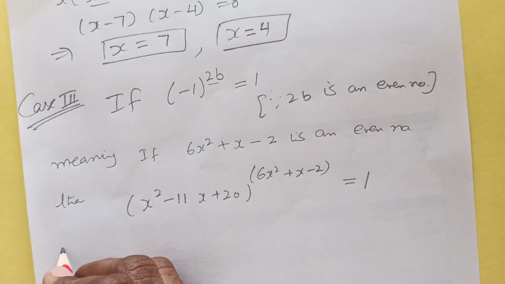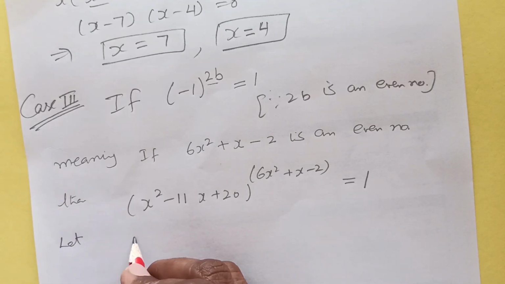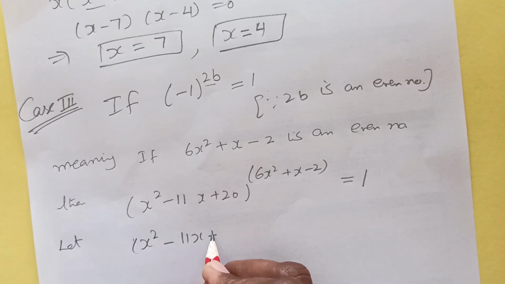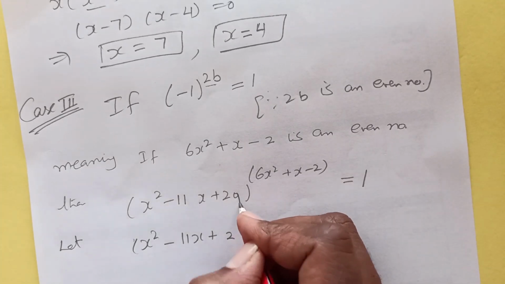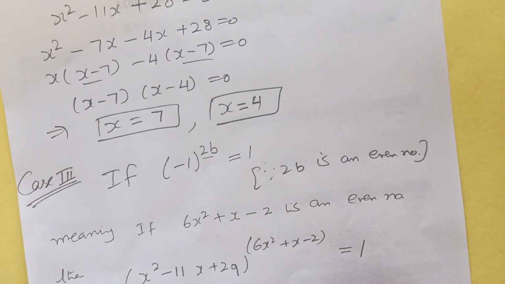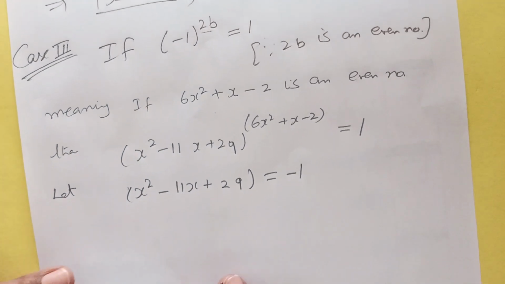Now let's say this is equal to -1. We can consider that x squared minus 11x plus 29 is equal to -1. What will happen if this is -1? -1 to the power will be, let's see how it works.